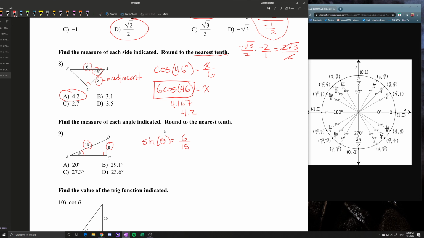And in order to undo sine, we need to take the inverse sine of both sides. You don't have to show this. I'm just showing you this so you know exactly what's happening.